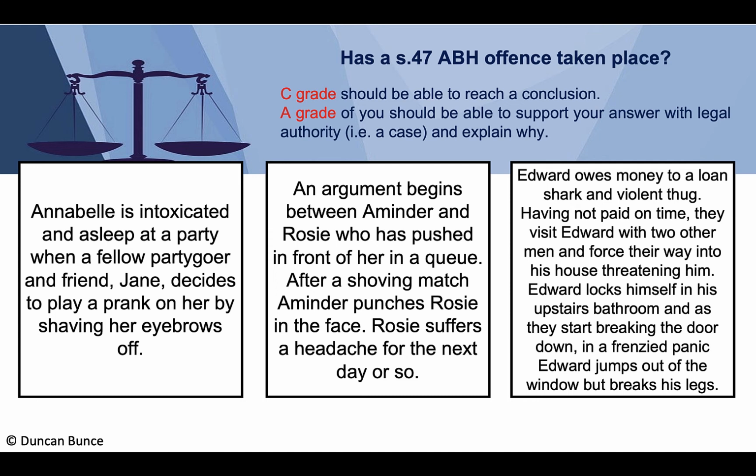So that would be useful perhaps also to raise, the fact that it's a battery and the ABH is the eyebrows. So the case we're looking for, I think we just discussed, was the Smith, Michael case. Was this done intentionally or recklessly, this battery? Looks very much like intentionally because it was a prank.